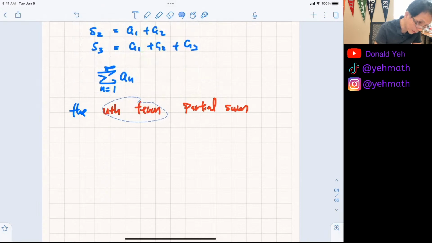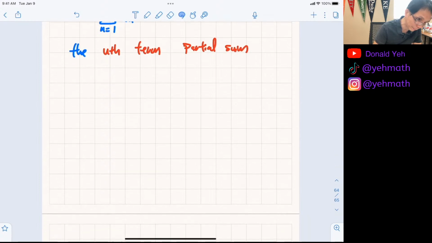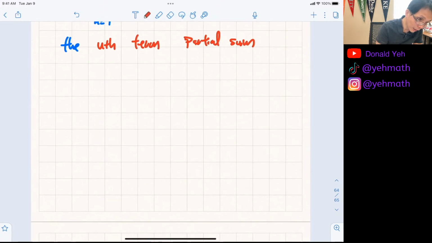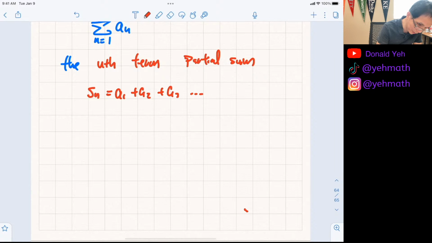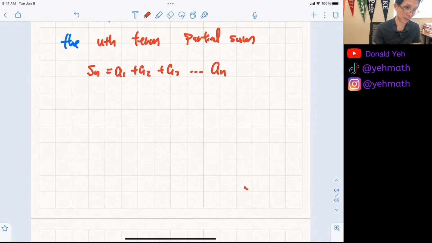Sn is equal to A1 plus A2 plus A3, but this one is going to stop at An. So this is called a partial sum. If I say S6, it's just going to be A1 plus A2 plus A3, plus A4, A5, A6, and keep on adding. So that's called a partial sum.